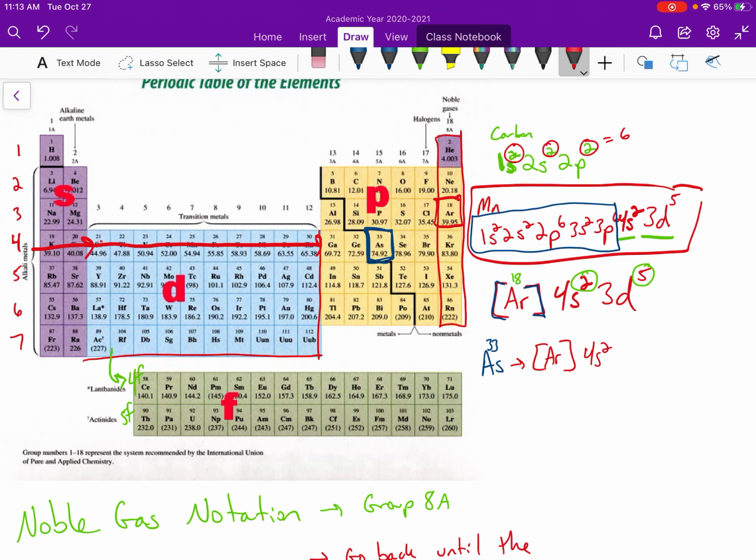I'm going all the way through here. 3d, count all boxes, that's 10. And now I'm in the P section, but I'm back up to 4p because it's the fourth row of P that I have. 4p, 1, 2, 3 to get to arsenic. And that is the configuration of arsenic.